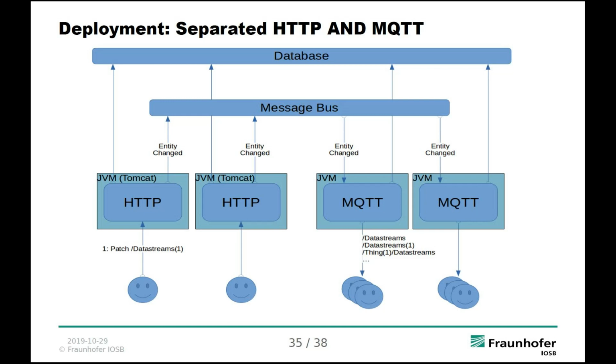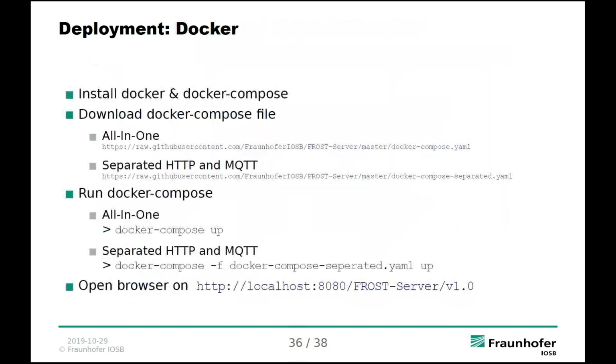And there you need, of course, some kind of message bus that can communicate between these services. And by default, the Frost server uses MQTT again as a message bus here, if you use this deployment.